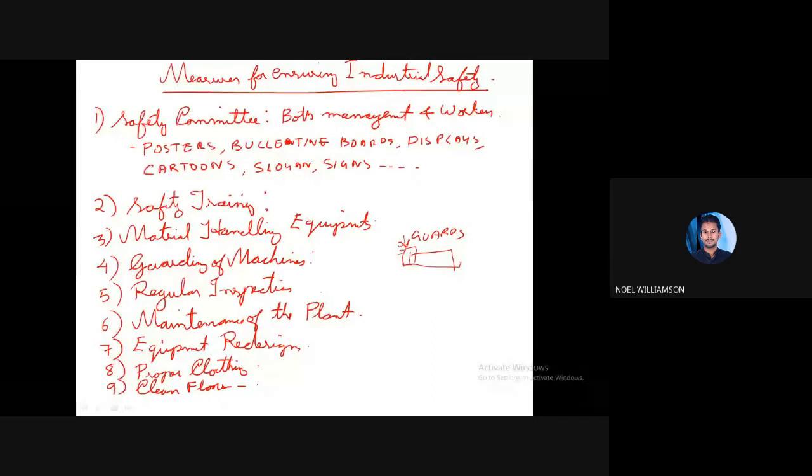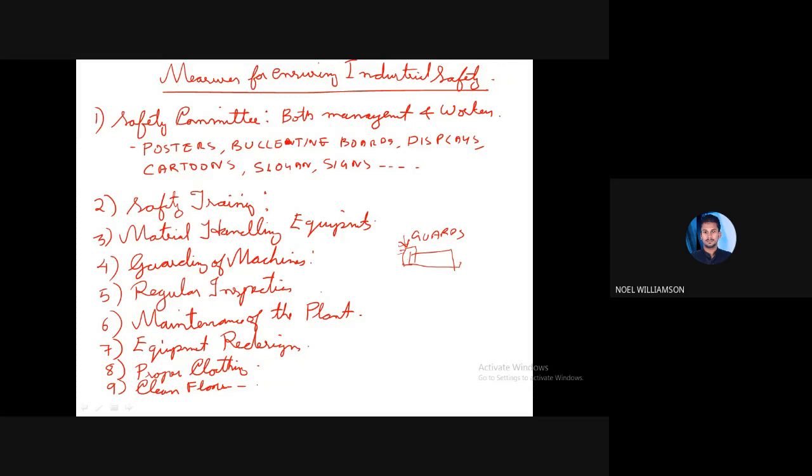Then regarding the inspection, there should be a regular inspection. Regular inspection should be there for any equipments or any machines. And regarding the plant, the overall plant should be maintained properly. Then equipment redesign. The equipment should be redesigned wherever possible to minimize the accidents.